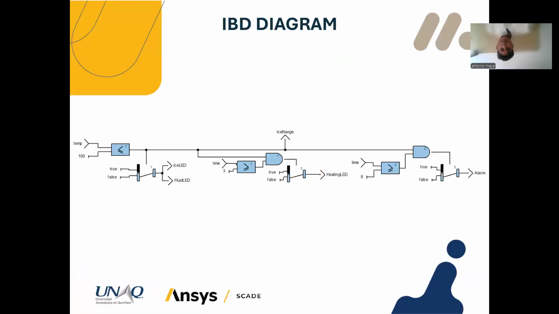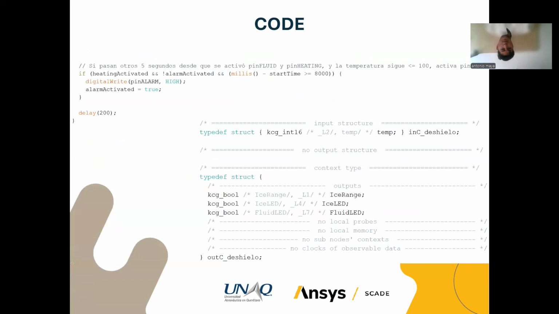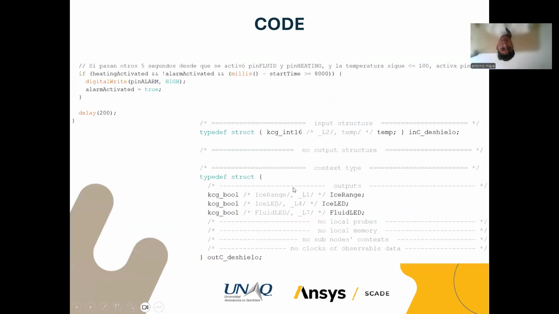I think this is a previous version of, yeah, let me check this. I don't know why I didn't take a screenshot when I implemented this alarm system and the heating system LEDs, only the first two, I think.